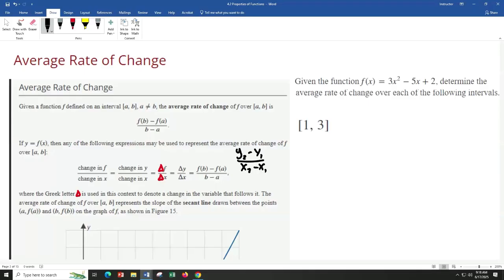Isn't that the change from this point to the next point? Okay, that's what you're seeing here. You pick 2 points. And then you go, on this interval that we are including, how do you know you're including them? Because of the brackets. On these 2 points, I'm going to have a rate of change. Well, what is the rate of change? Well, let's look. They give us a function now.